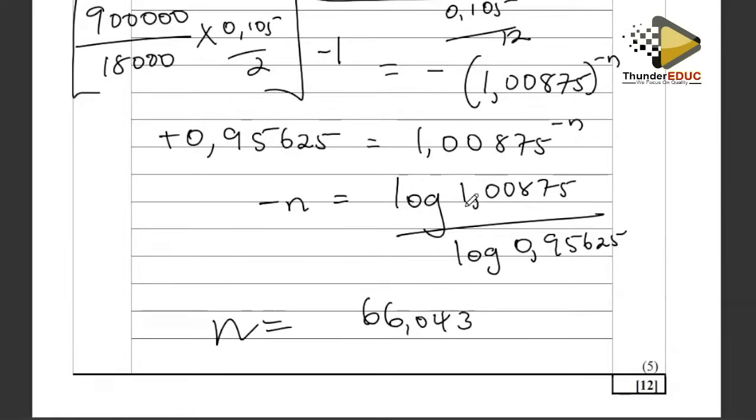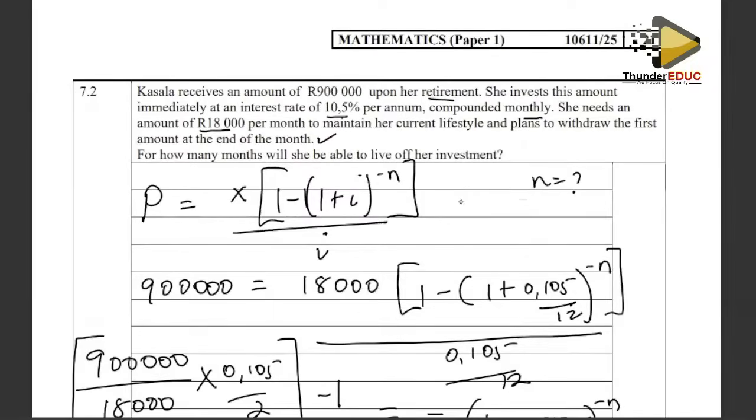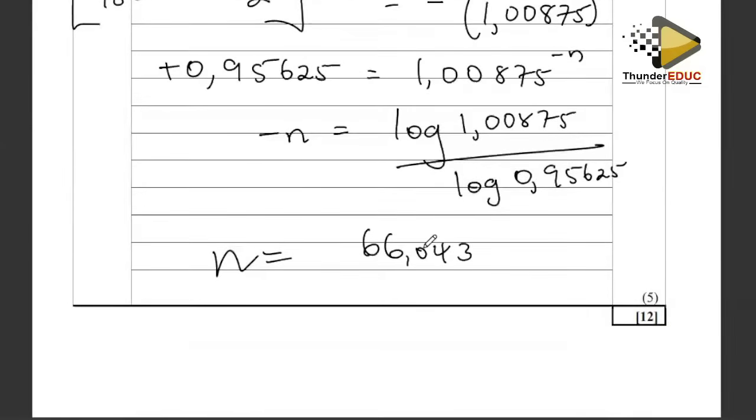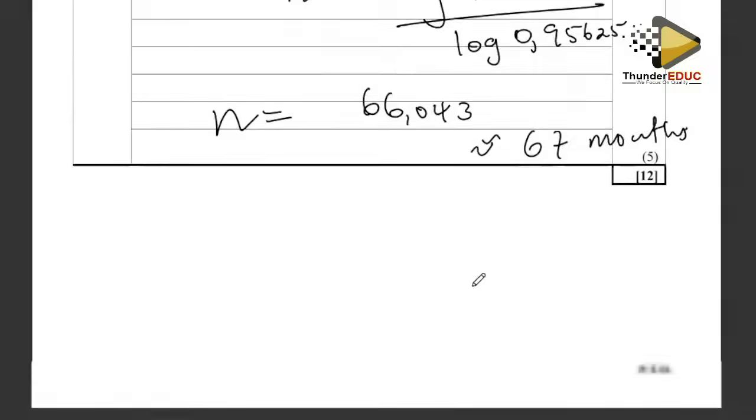Now we are seeing that we're going to get 66 full months of the 18,000. Okay. And then the 67th month is going to cost less than the 18,000. So we can say 67 months because that's when all the money will be finished.